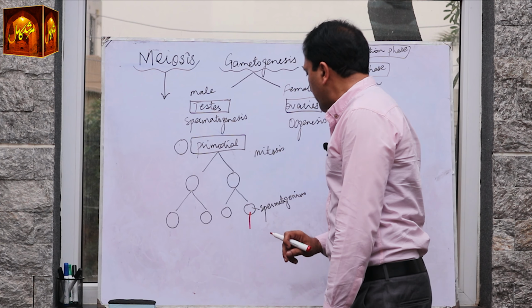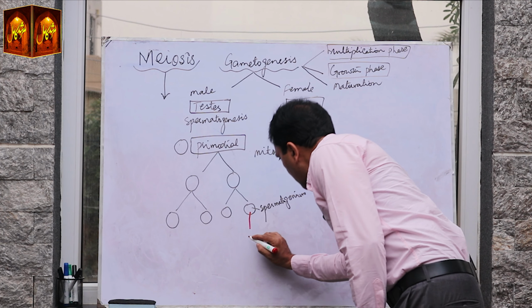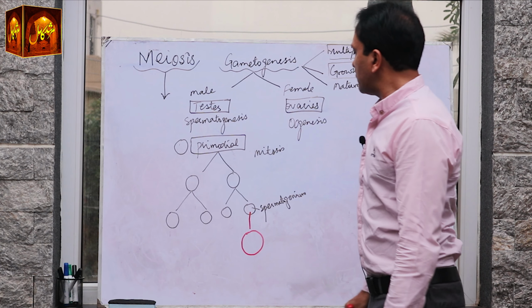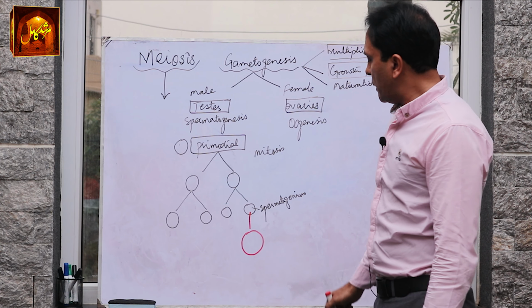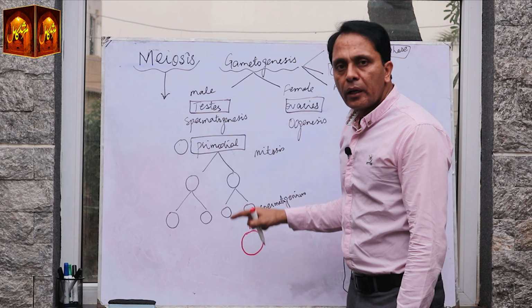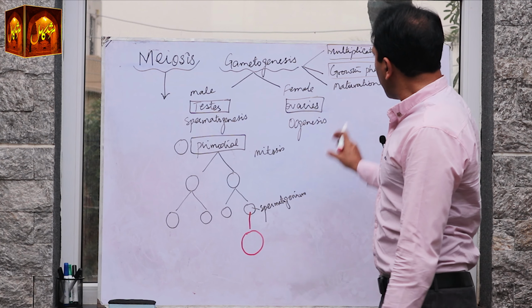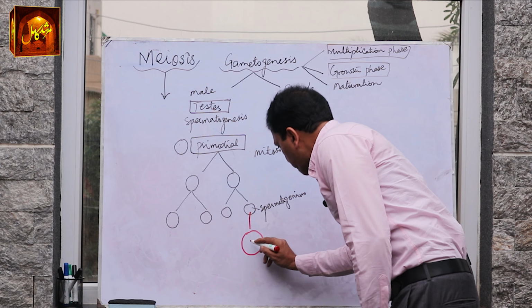So in one spermatogonium, when the process of growth will start, this spermatogonium will accumulate a large amount of food. It will grow in size. This phase is called growth phase.